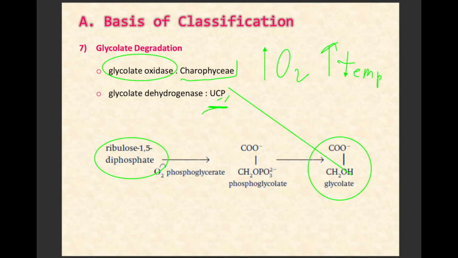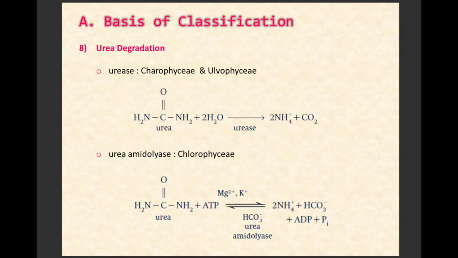Okay? So, moving on with your urea degradation, meron din tayong pagkakaiba-iba. Ang mga Charophyceae at Ulvophyceae, ang ginagamit nila ay urease to convert urea into other forms of nitrogen, ammonium ions, or for example, ammonia, mga ganyan. Si urease yung ginagamit nila to degrade urea.